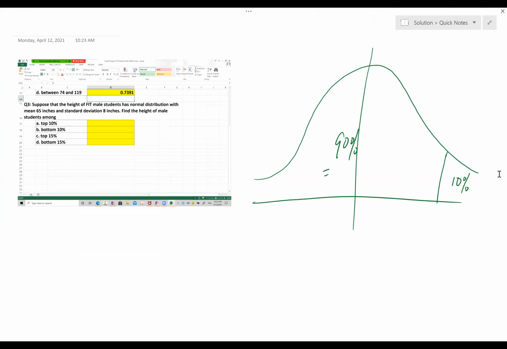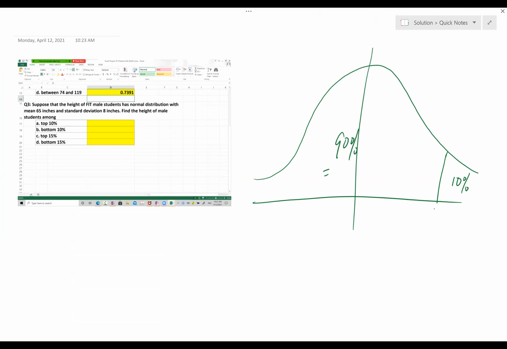Yes. Okay, very good. So draw the bell curve first. The key thing here is to separate into two groups. They want the top 10%, and that means the other counterpart will be about 90%. The top 10% is on the right tail, so everything else goes to the left.